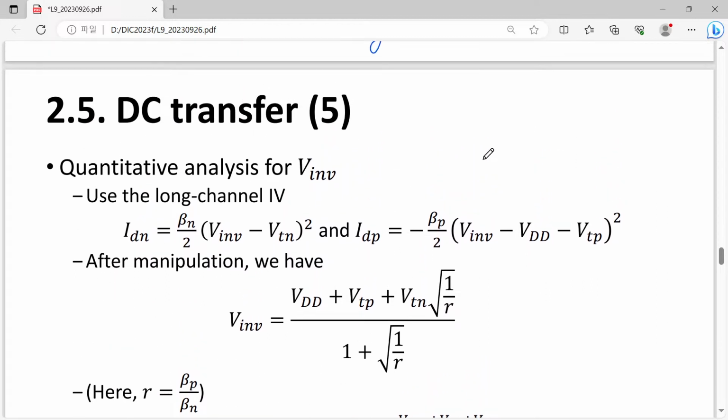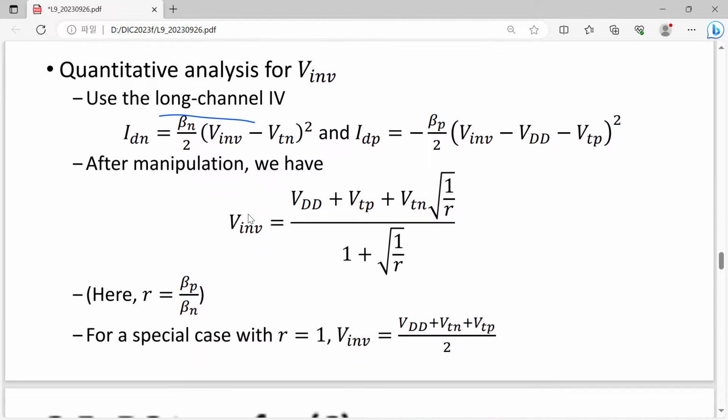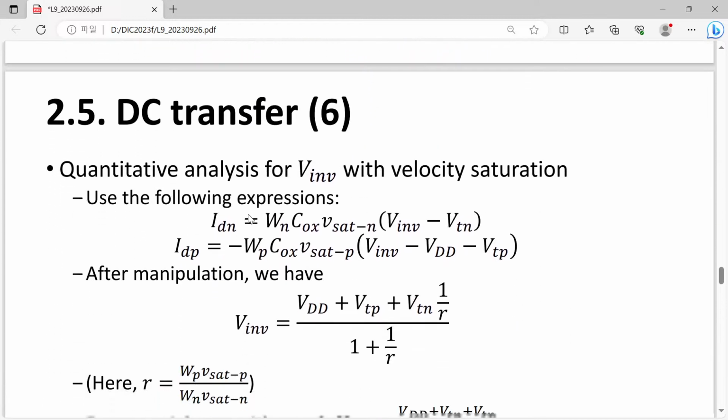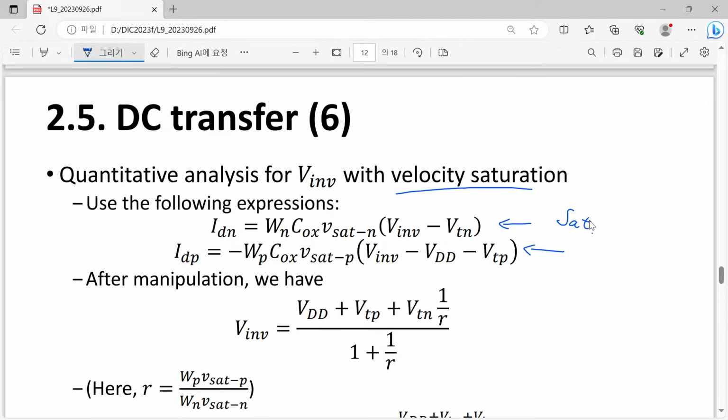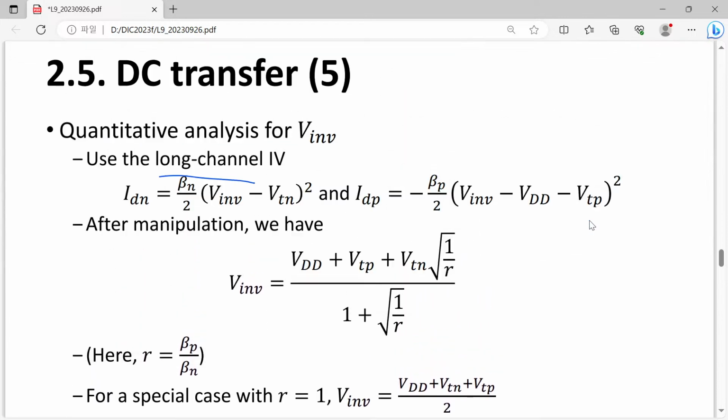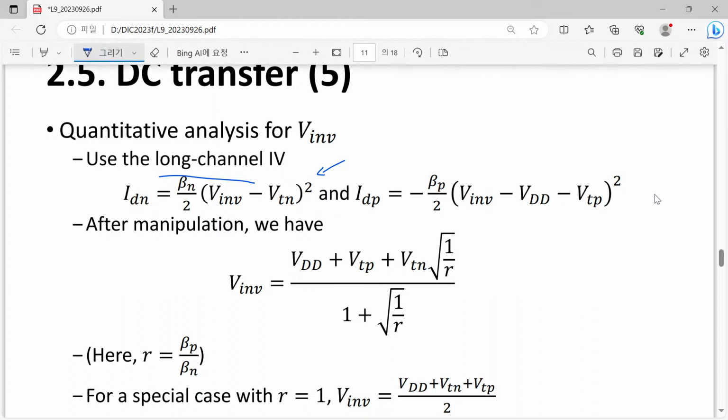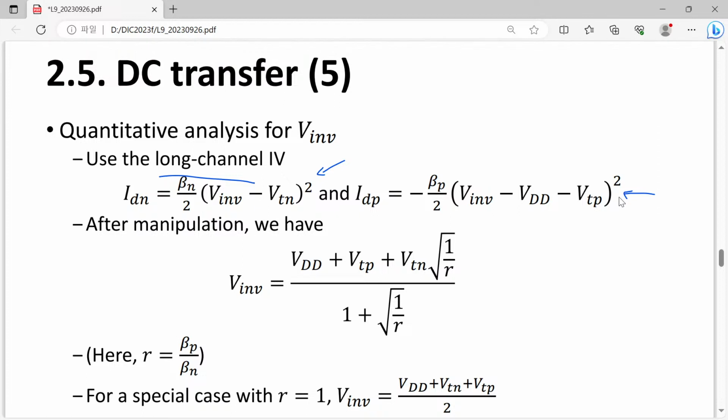One case is long channel IV, and another one is the IV characteristics with velocity saturation. So here please have a look, I have used the saturation mode expression, and please come to here. Then you can also see that I assume that both our NMOSFET and PMOSFET are in their saturation mode.